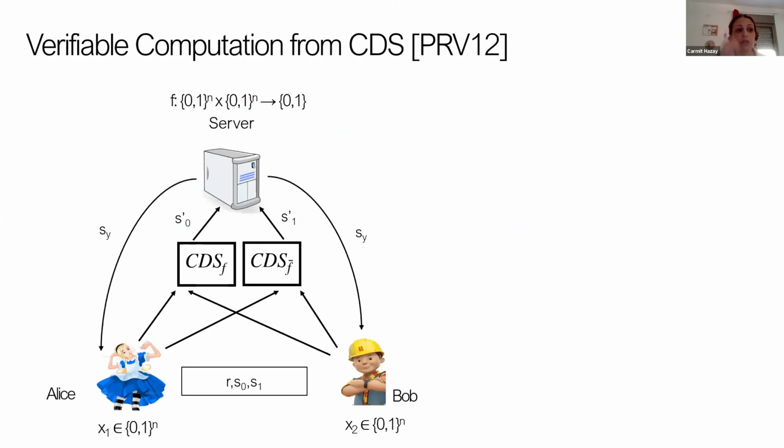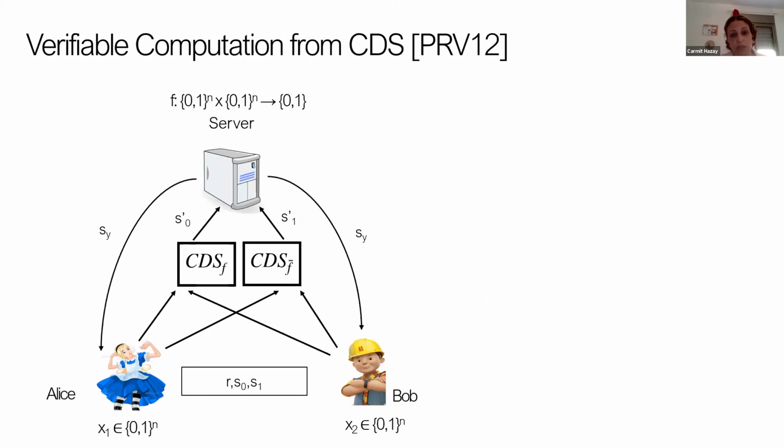In this work, we explore the observation that for CDS with sufficiently long secrets, the secret can serve as a proof for the fact that the output of F equals 1. Meaning that every CDS construction supplies an integrity mechanism for this predicate F. This observation is not new.